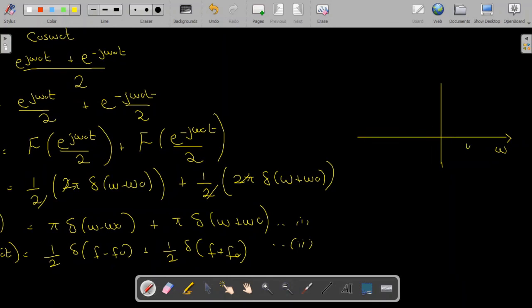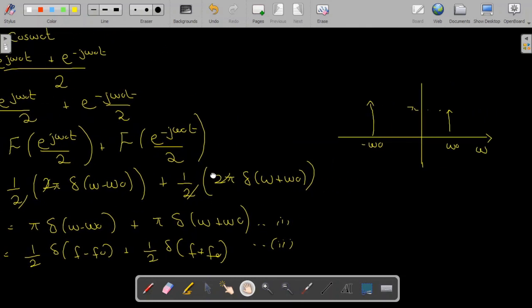So we are going to have omega naught and we are going to have minus omega naught, and we are going to have two impulses. Both impulses' amplitude is going to be equal to pi. The amplitude of both the impulses is equal to pi, and this is my angular frequency domain.